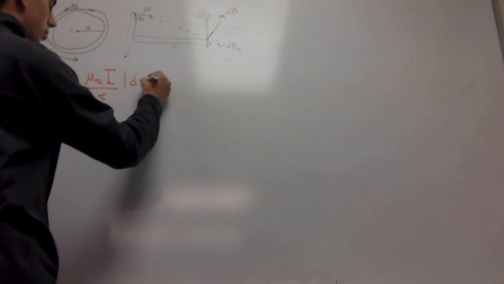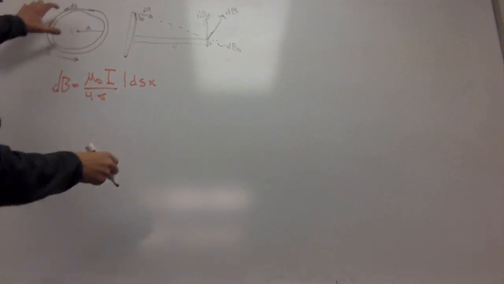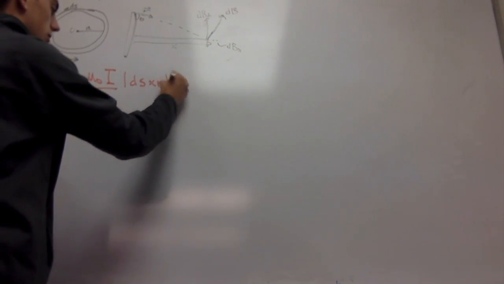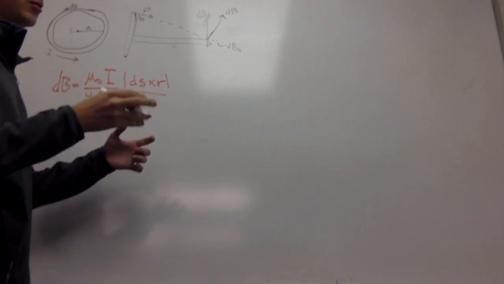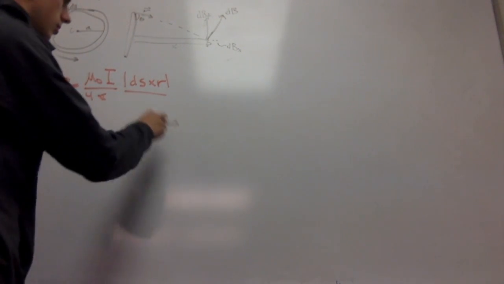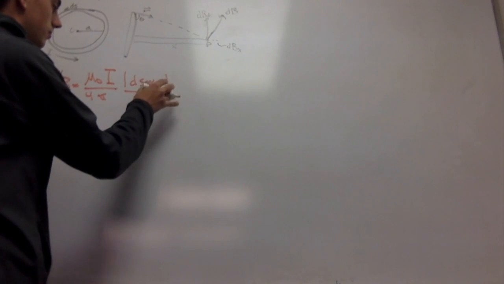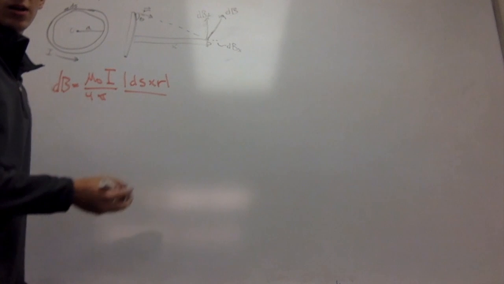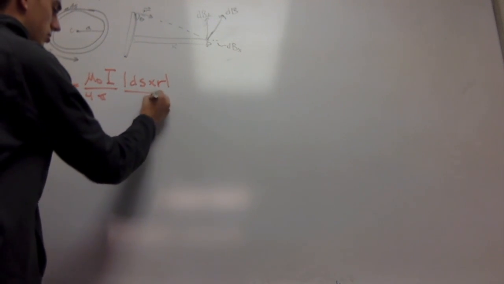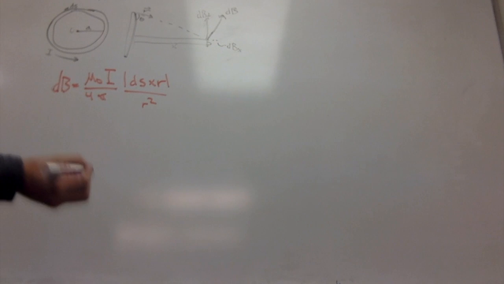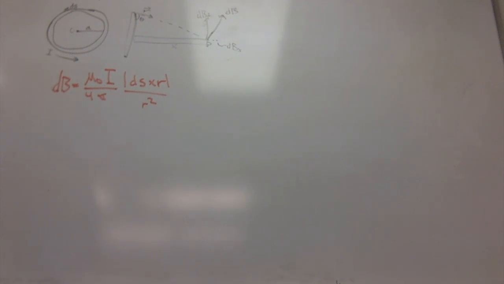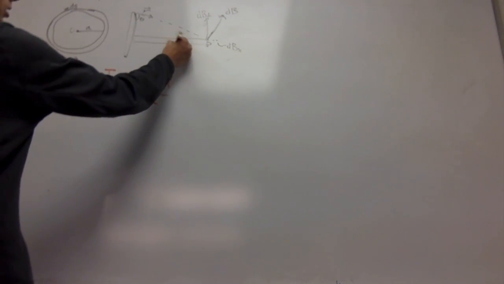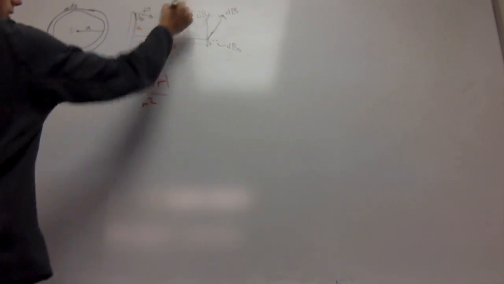And then this is our two different currents that are resulting in dB right here over r squared. There's a better word for that somewhere. And then what we can do, taking a look at this triangle, we have x here, a here, and r here.